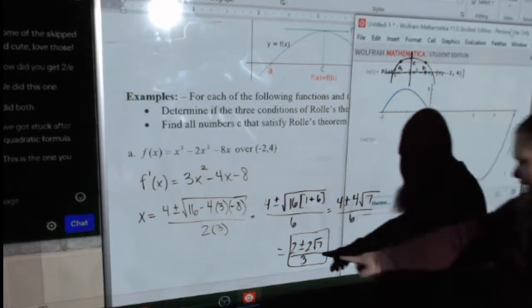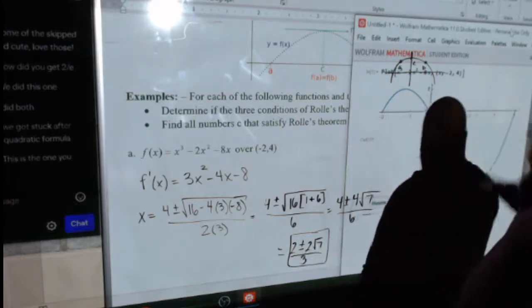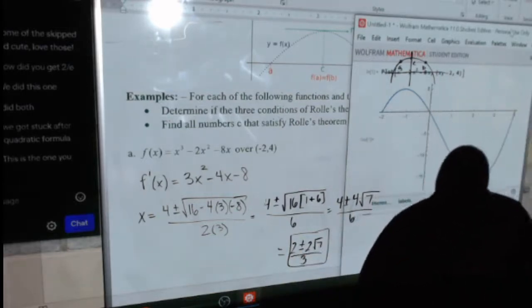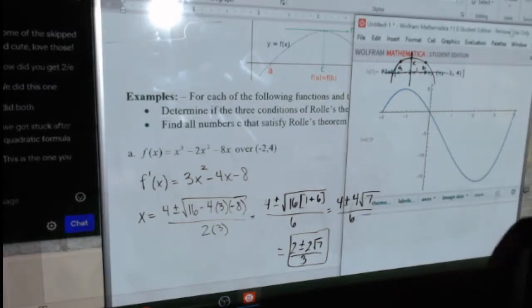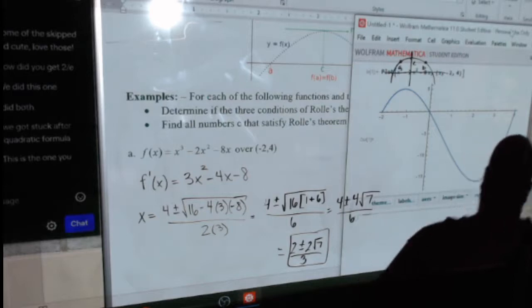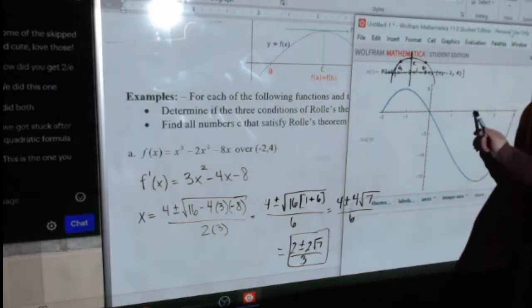So let me calculate the positive one and see if it falls here. So that is 2 plus 2 times the square root of 7 all divided by 3. It's 2.43 something. So if I come over here, this looks like 2.2, 2.4.